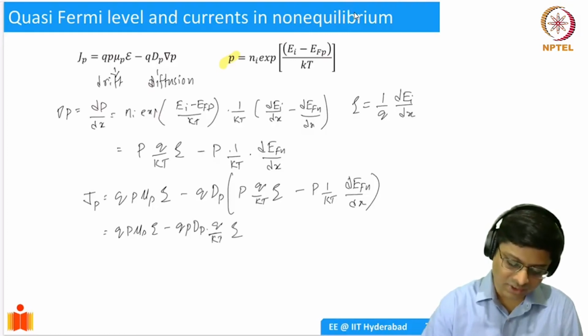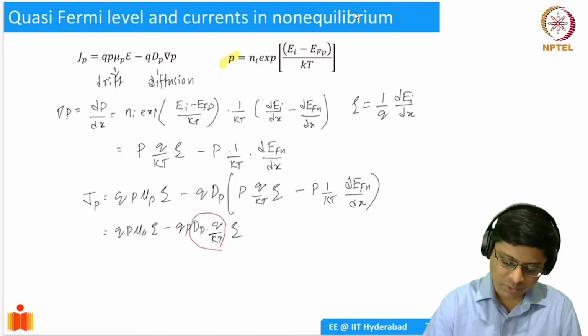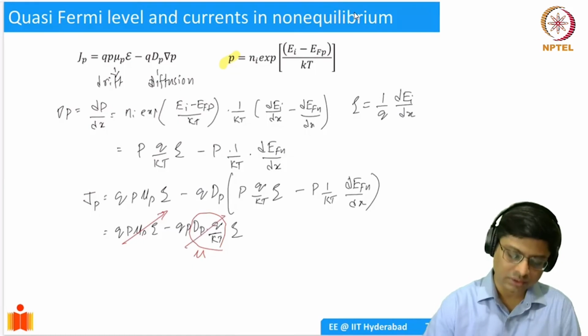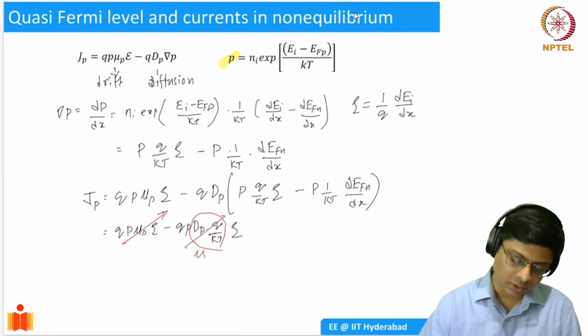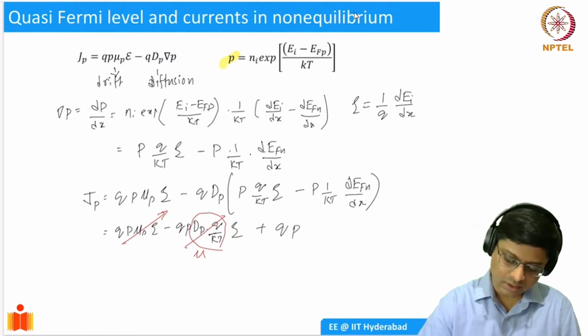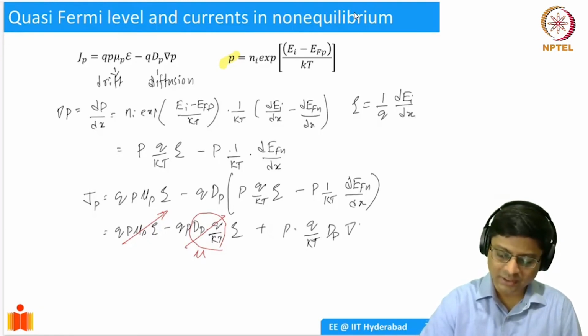So if you apply the Einstein relationship, recall the Einstein relationship, this was mu. So we can substitute that. So essentially these two terms are going to cancel out, because they're exactly equal. So what you're left with is plus q p times q by kT times dP times, I'll represent it as grad EF.